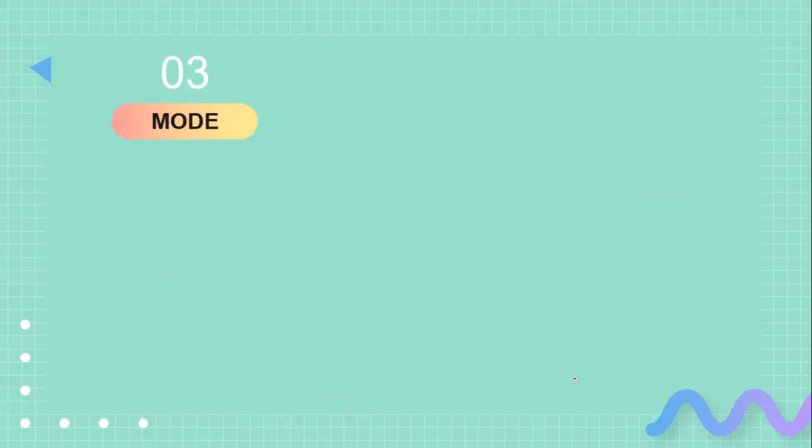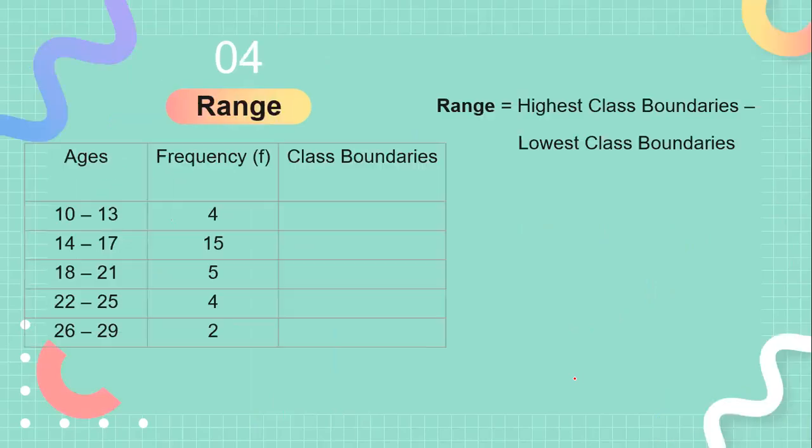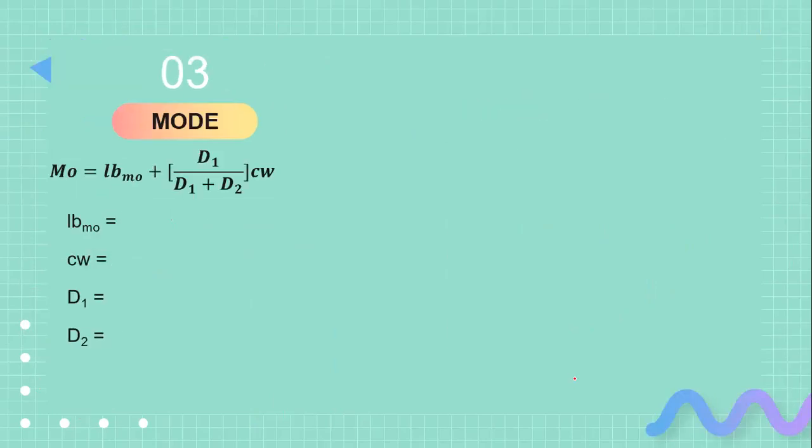For mode, wait, here. Okay. For mode class, unsa ang pagkuha na tong mode? So mo ni siya class no, ang lower boundary of modal class mo to ang ato ang unsa man class, ang 13.5.